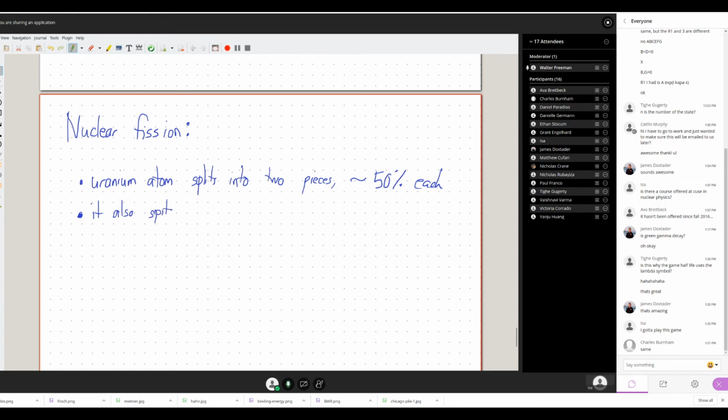It also spits out two or three, and this is the big deal, free neutrons.